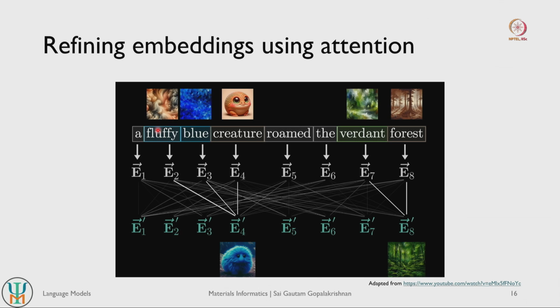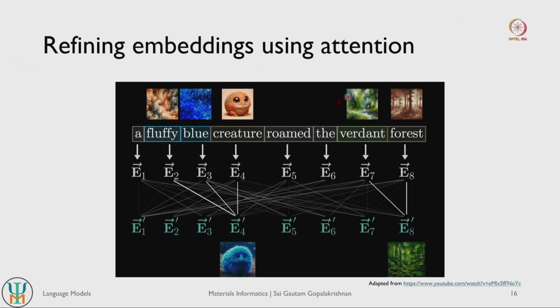You would have a representation for fluffy, for blue, and for creature. But with attention you can combine all these three words to represent a fluffy blue creature, so you can create a common set of embeddings that represents these three words coming together in a given sentence. Same thing with verdant and forest.